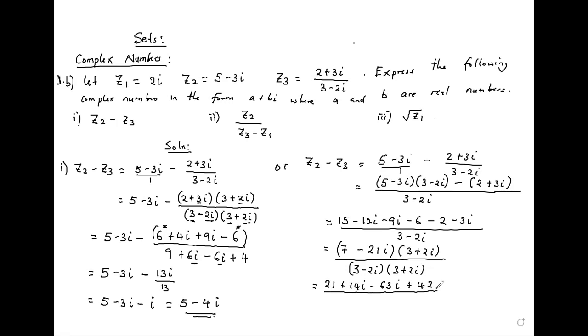Over 9 plus 4. Why plus 4? That's just a conjugate. So multiply 3 times 3, 3 times 2, minus 2 times 3, that is 0. And then negative 2 times 2, and then multiply by the i. So it becomes positive. So here now you add 21 plus 42, that is 63.